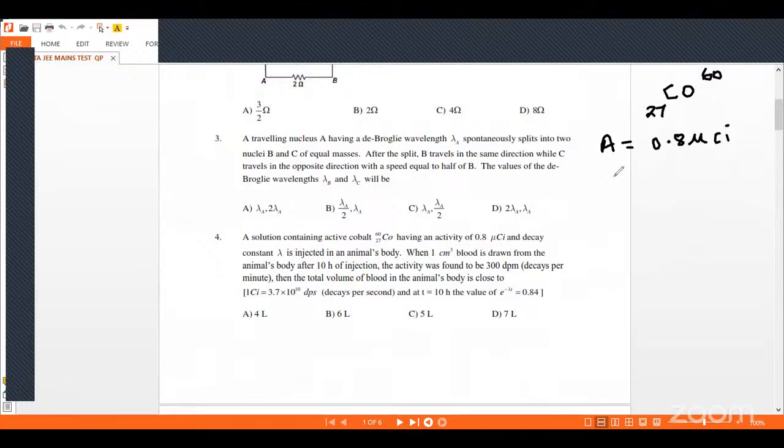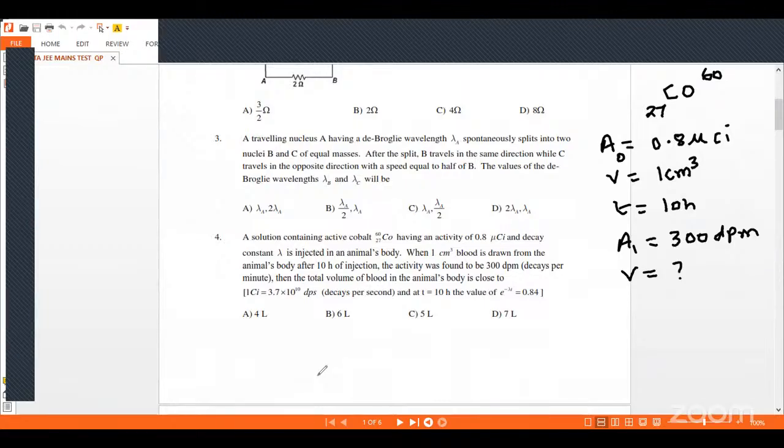When 1 centimeter cube of blood is drawn from the animal body after 10 hours of injection, the activity is found to be 300 decays per minute. We need to find the total volume of blood in the animal's body.